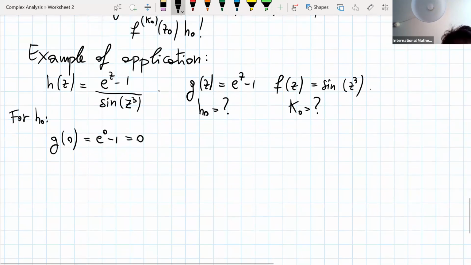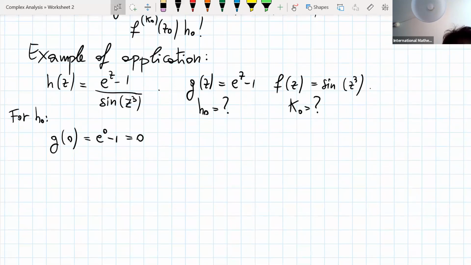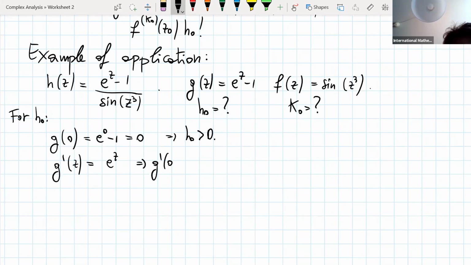So this implies h0 is bigger than 0. Then what is the first derivative? g prime of z is equal to e to the z, which implies that g prime of 0 is equal to 1. And this implies that h0 then is equal to 1.